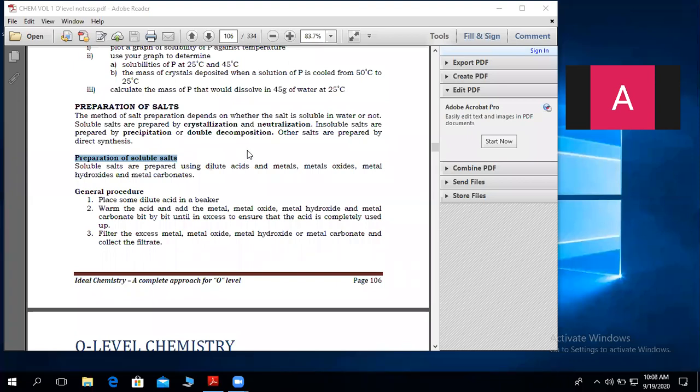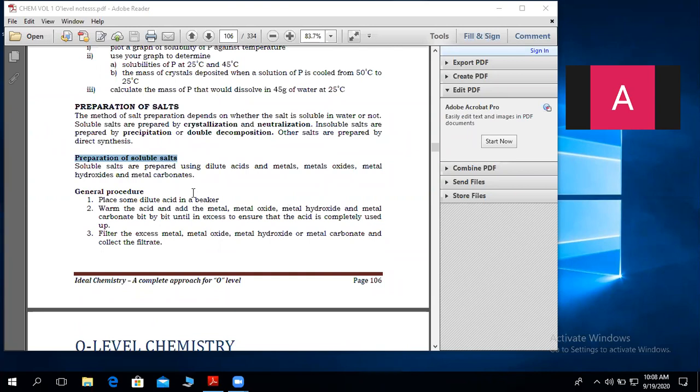the sulfuric acid to prepare zinc chloride. When you add sulfuric acid to zinc metal, you are going to form zinc sulfate because sulfuric acid has a sulfate. So if you are preparing zinc chloride, you should use hydrochloric acid.